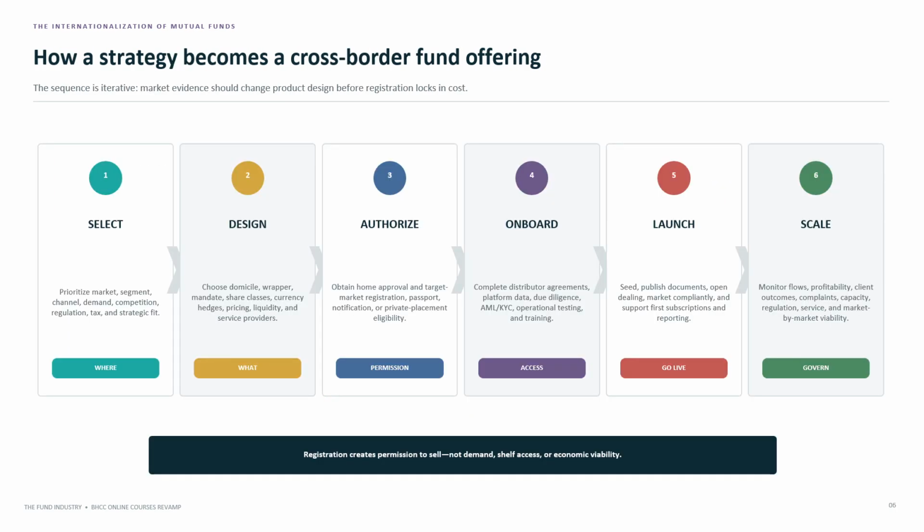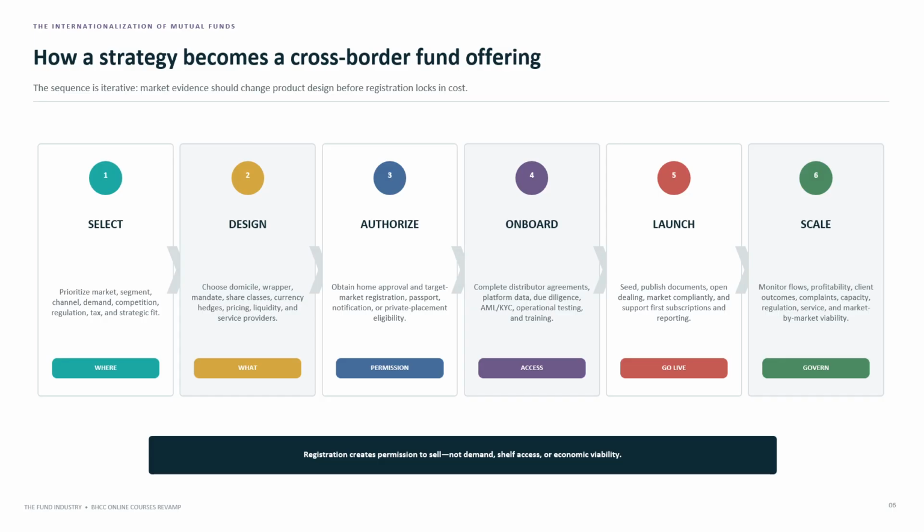The process begins with selection, not registration. Step 1 is select. Prioritize the market, investor segment, channel, demand, competition, regulation, tax, and strategic fit. Step 2 is design. Choose the domicile, wrapper, mandate, share classes, currency hedging approach, pricing, liquidity terms, and service providers.